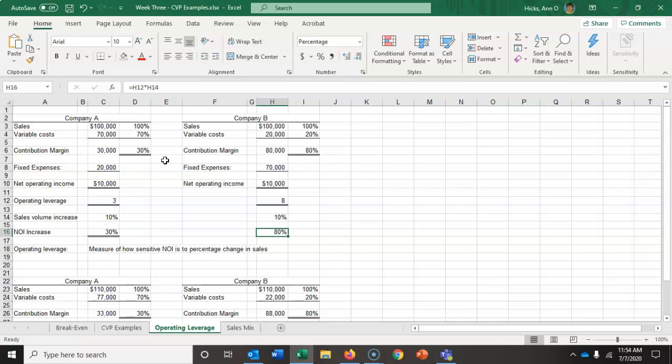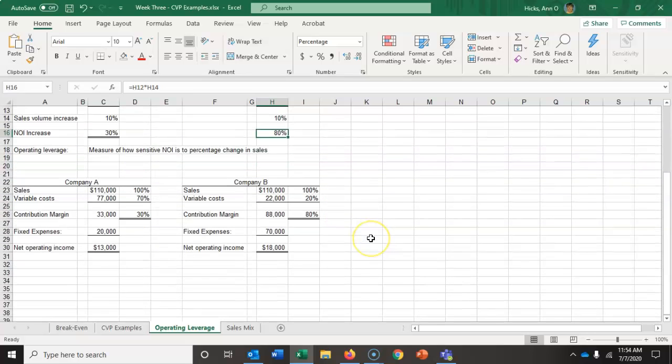In contrast, Company B is still going to have to cover that high volume in fixed expenses. So it's a balancing act. What risks are you willing to take, and how do you want to structure your costs accordingly?